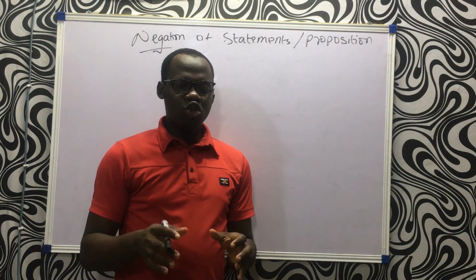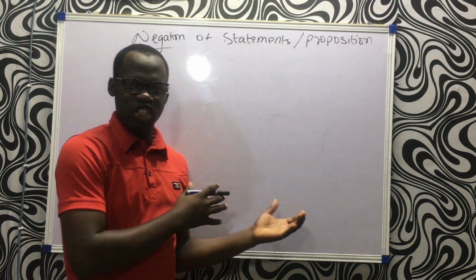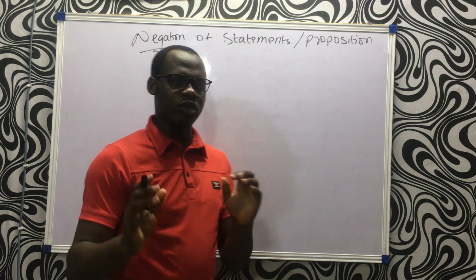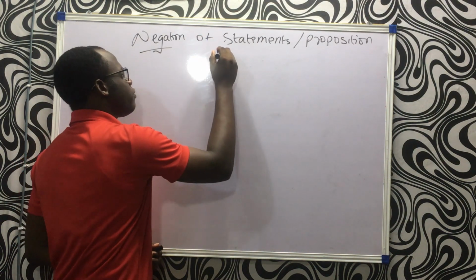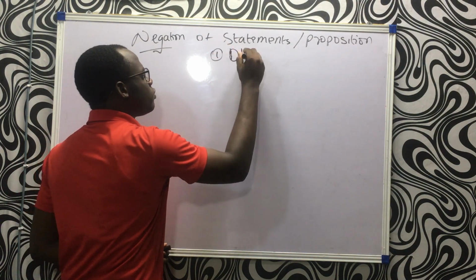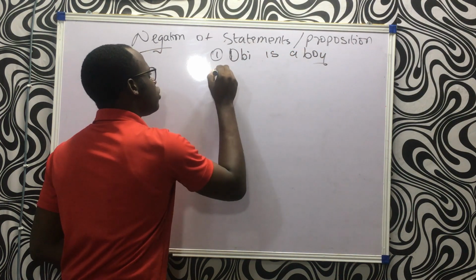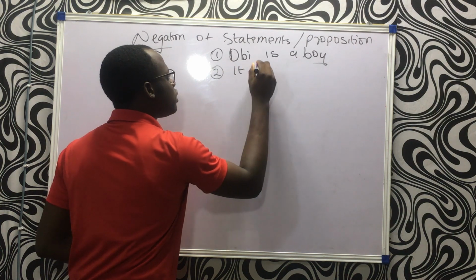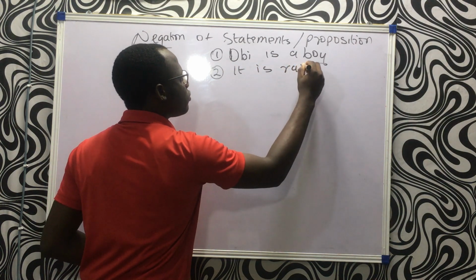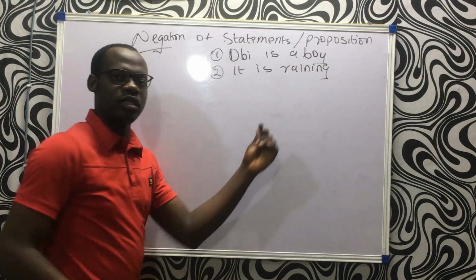Now we can also represent logic making use of variables. This is what I mean. Number one, Obi is a boy. Number two, it is raining.